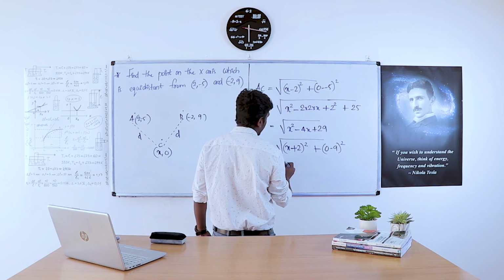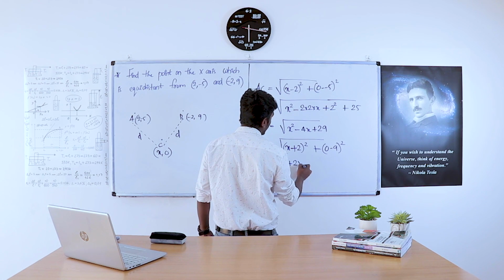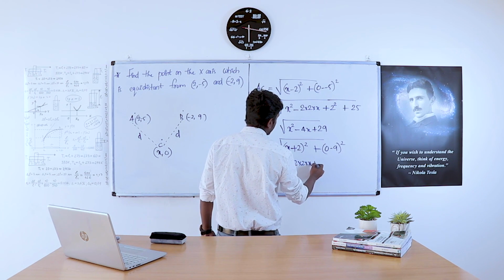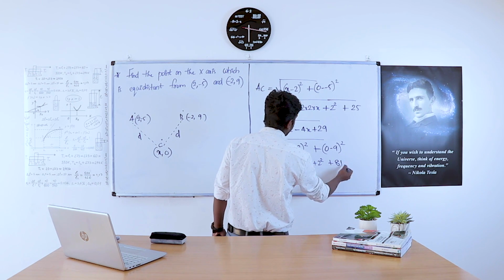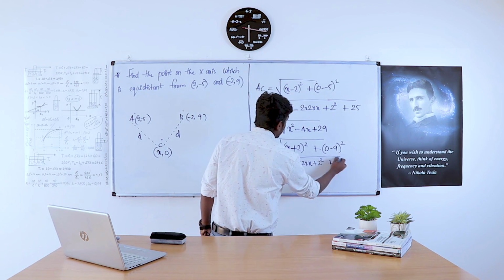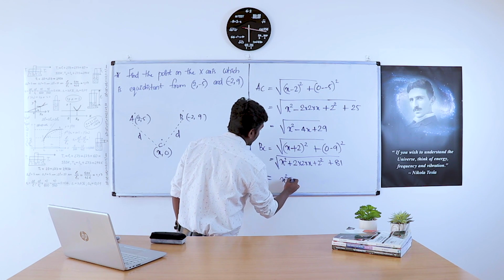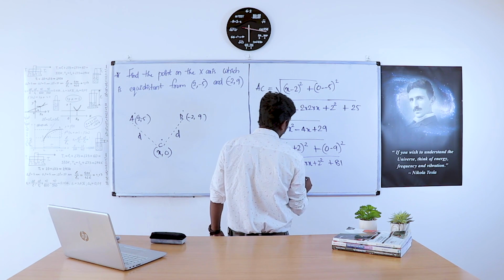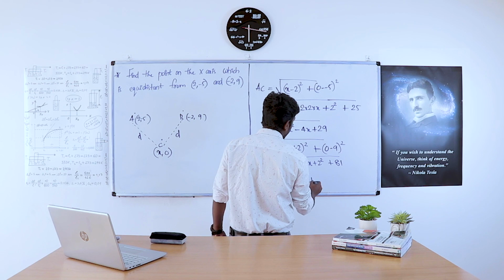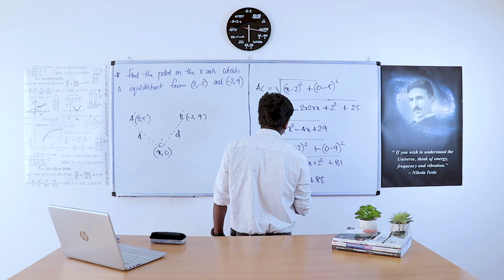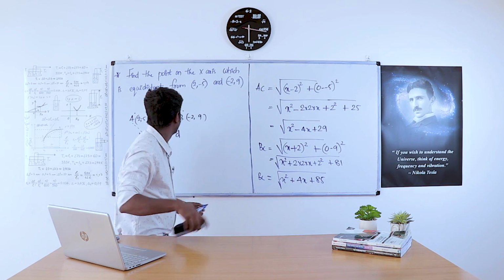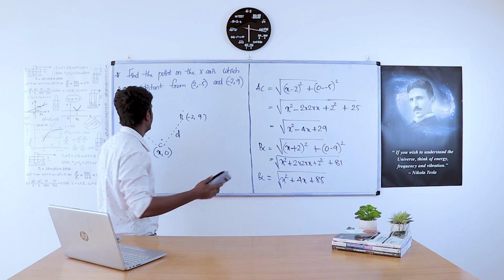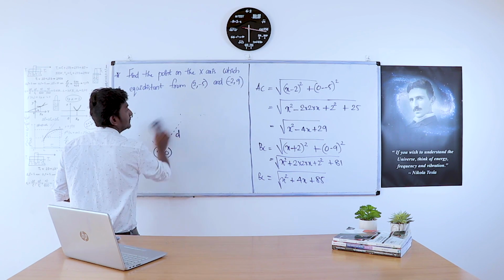Then it can be opened as x square plus 2 into x into 2, 4x, plus 2 square is 4, plus minus 9, 9 square becomes 81. That is equal to root of x square plus 4x plus 85. This is BC. Now we got AC and BC.